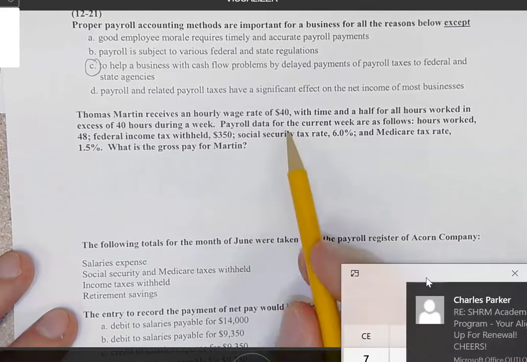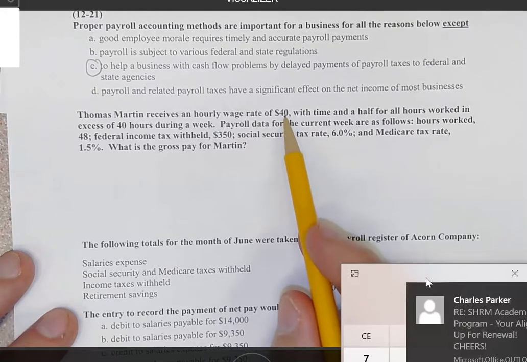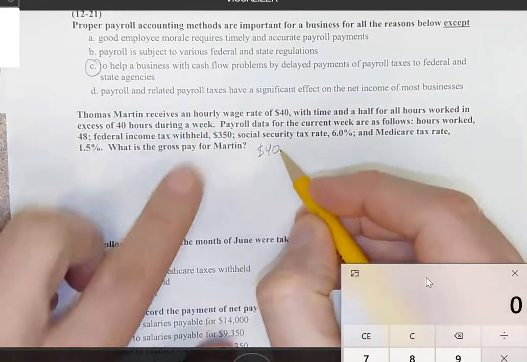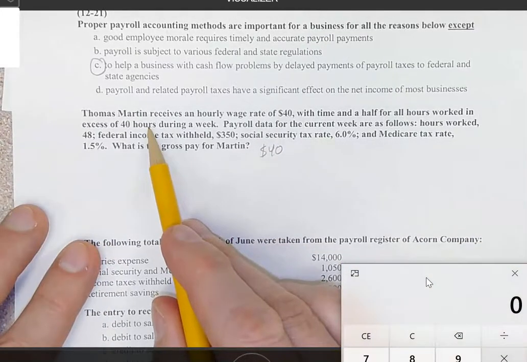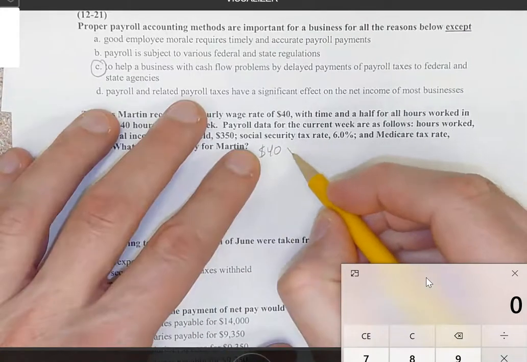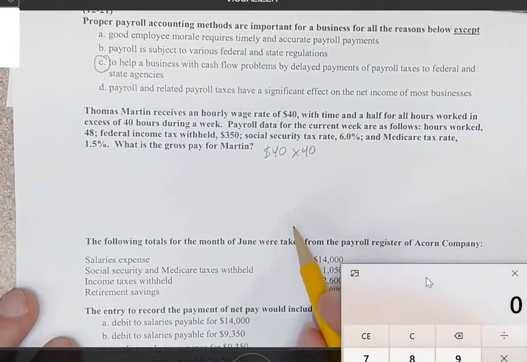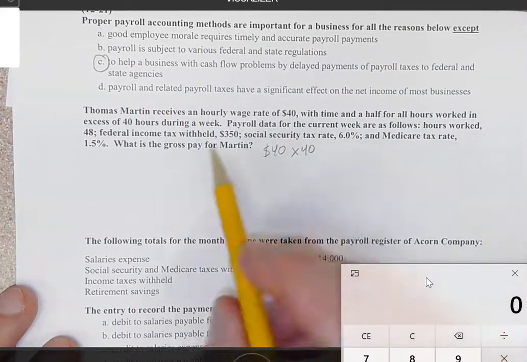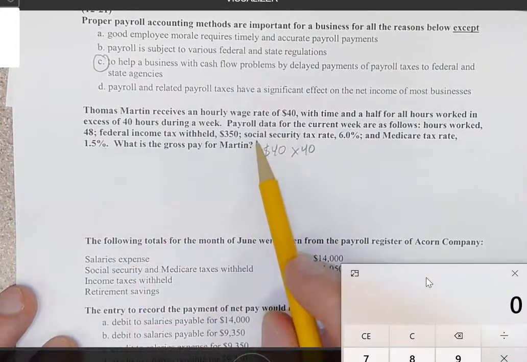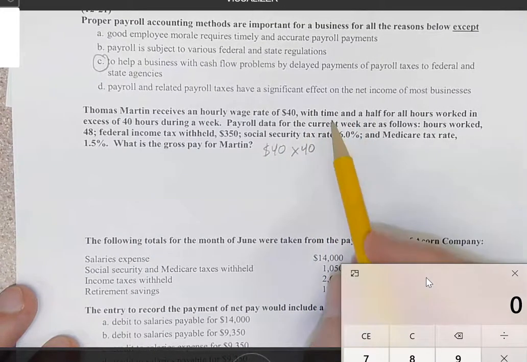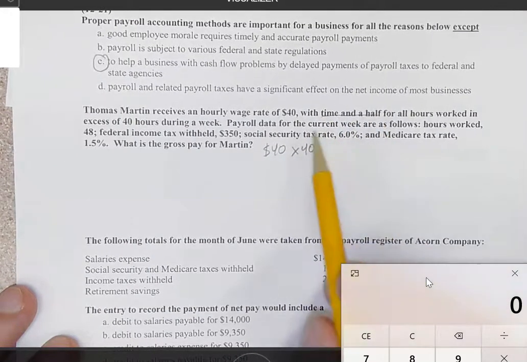Well, the first thing we're going to do is take his $40 per hour that he makes, and multiply that times the relevant number of hours, which in this case is 40. And we're also going to consider, it says here that he gets time and a half for all hours over 40.